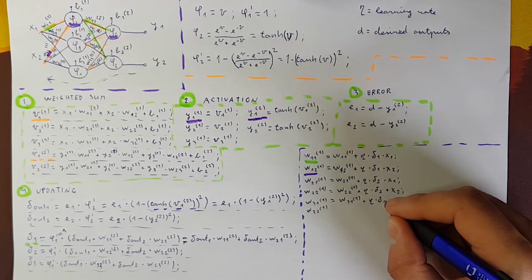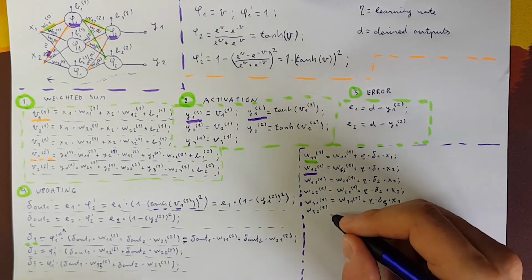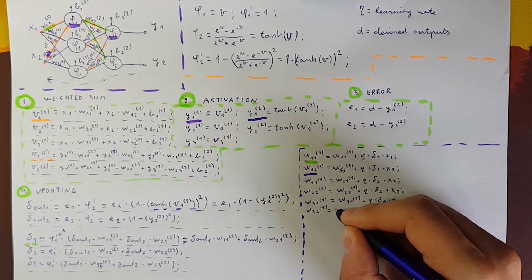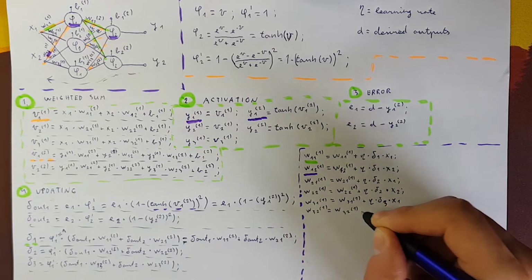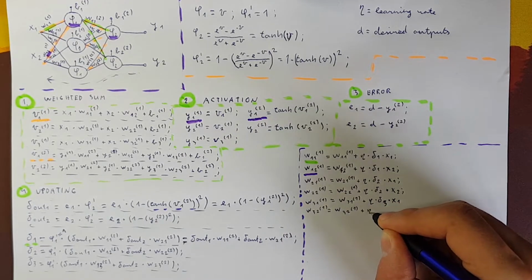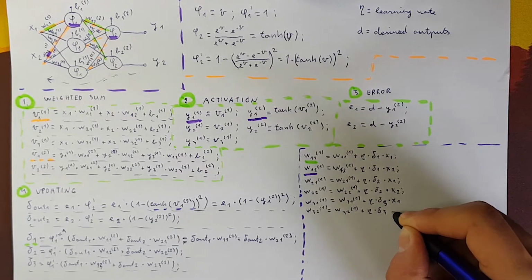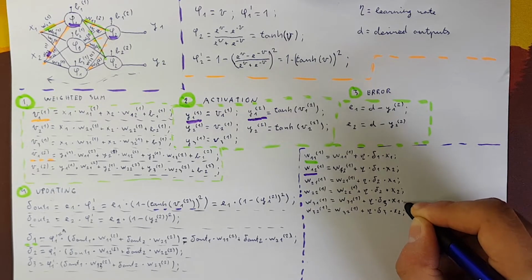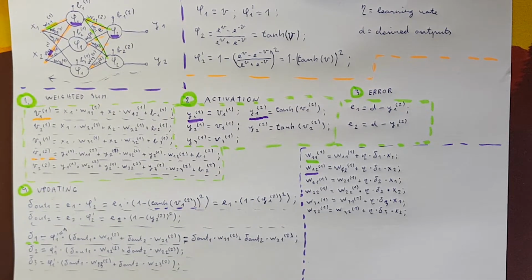Oh, this is not delta 1, this is delta 3. Made a mistake. And W32 of the first layer, add learning rate multiplied by delta 3 multiplied by x2. We have all the weights for the first layer.